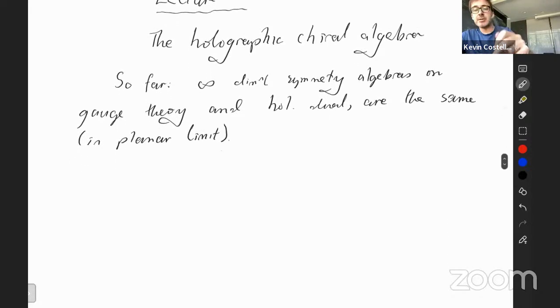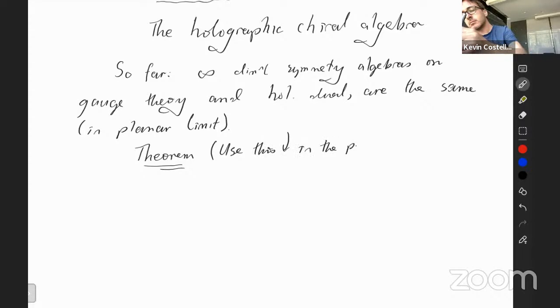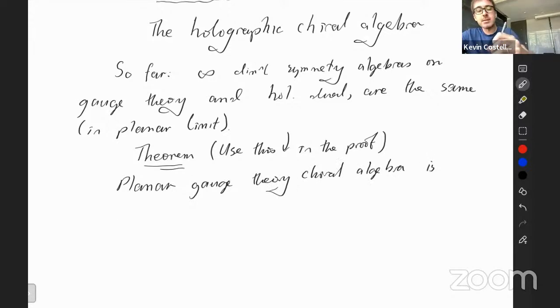And the main result we'll be able to show today is a theorem, which will use this fact in the proof: the planar gauge theory chiral algebra is isomorphic to the holographic one.